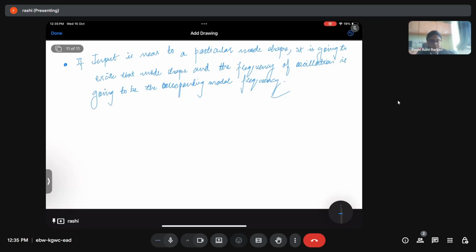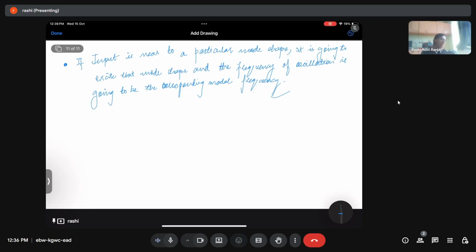If I already knew that my system is going to operate in a particular kind of vibration, what I can do is, instead of solving the whole equation, I can just find out the frequency corresponding to that, and I can find the solution only corresponding to that particular mode shape. I don't have to find a general solution now, which is going to be a combination of n independent solutions.